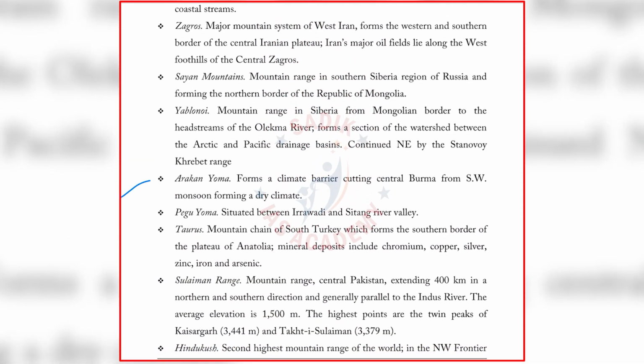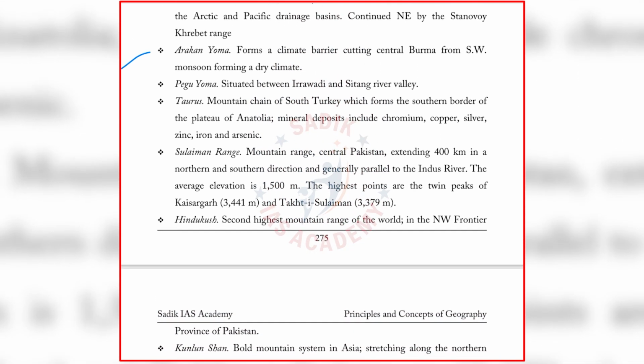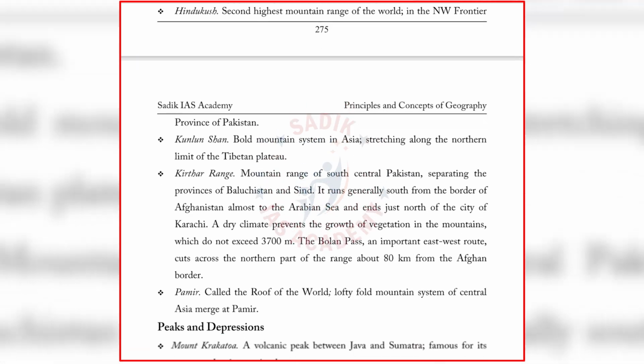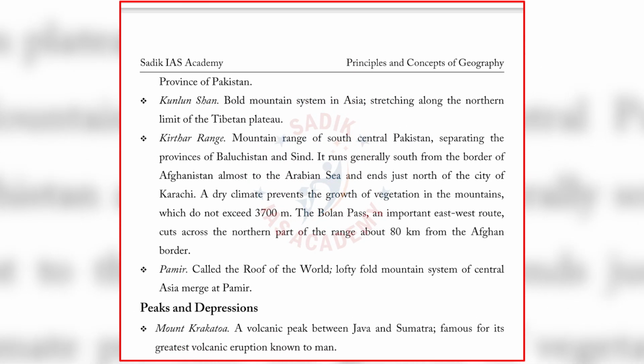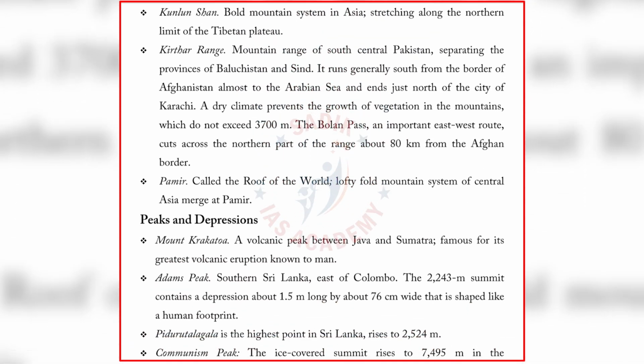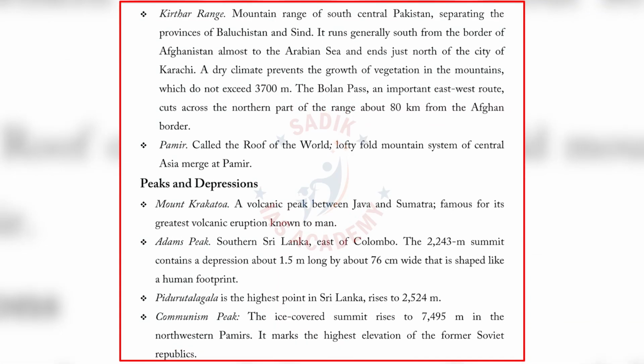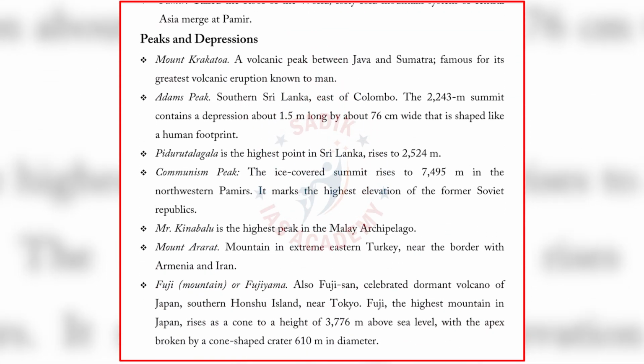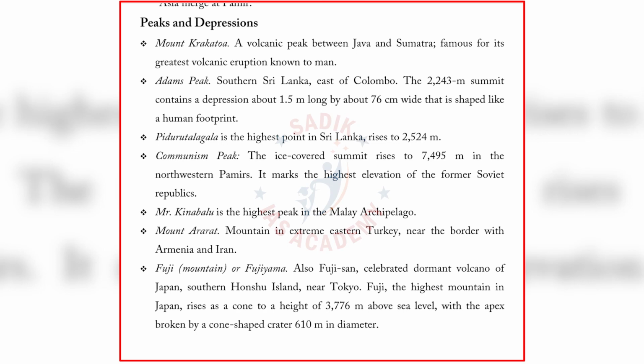For example, the Arakan Yoma forms a climatic barrier cutting central Burma from the southwest monsoon, forming a dry climate. Like this, I have given Arakan Yoma, Pegu Yoma, Taurus Mountains, Sulaiman Range. If you go through this, it will help you know the important physical features. Not only physical, I have also given political features inside that appendix.